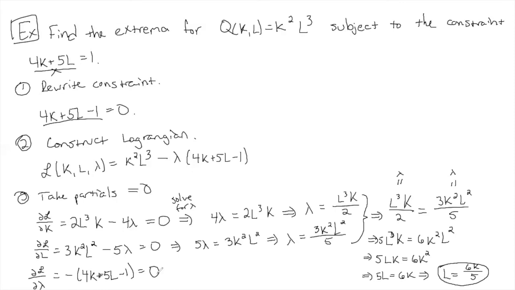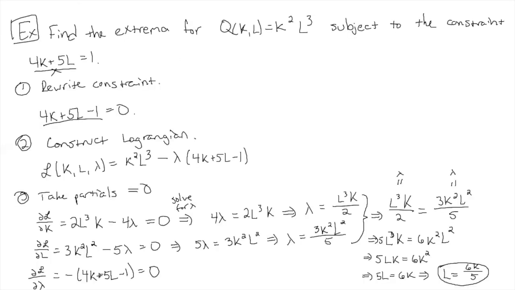All right, so with this in mind, I can now take this constraint equation, which I'm going to start on a new page. So the important information is L equals 6k over 5. And what was it? Negative 4k plus 5L minus 1 equals 0. Okay, now I can multiply by a negative, and I give myself 4k plus 5L minus 1 equals 0.